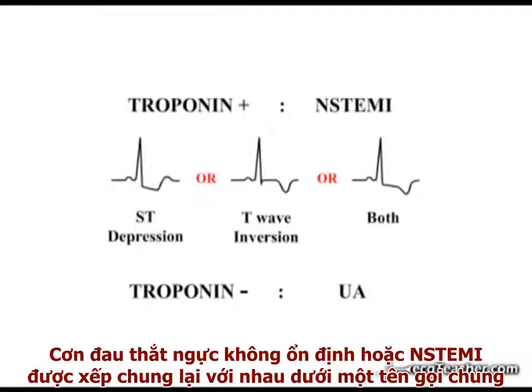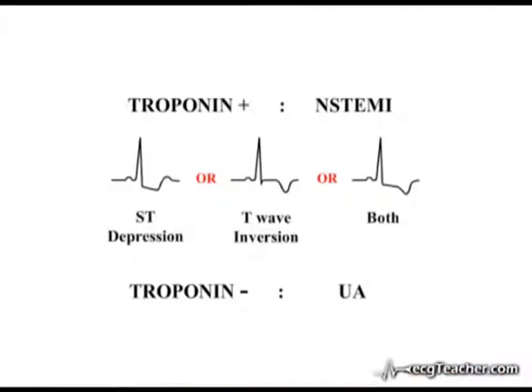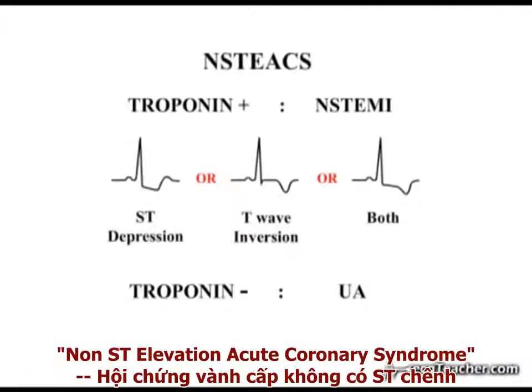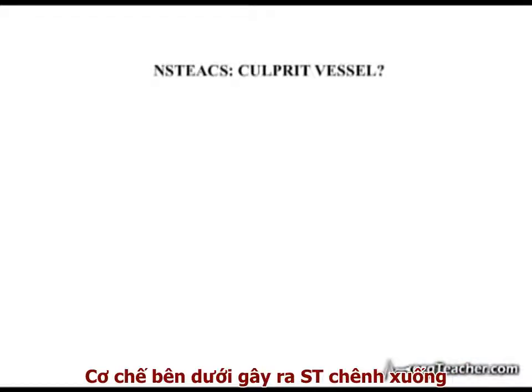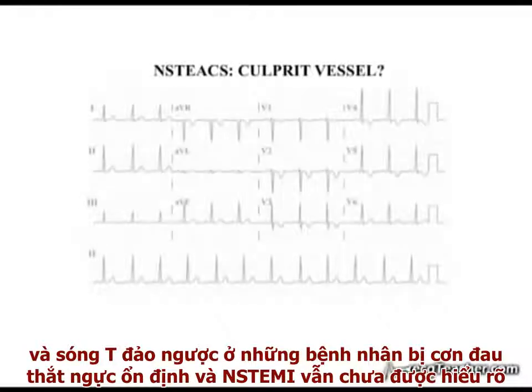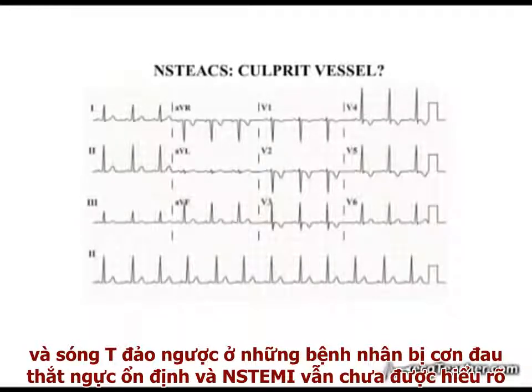Unstable angina and non-ST elevation MI are grouped together under the general term non-ST elevation acute coronary syndromes. The mechanisms generating ST depression and T-wave inversion in patients with unstable angina and non-ST elevation MI are poorly understood.